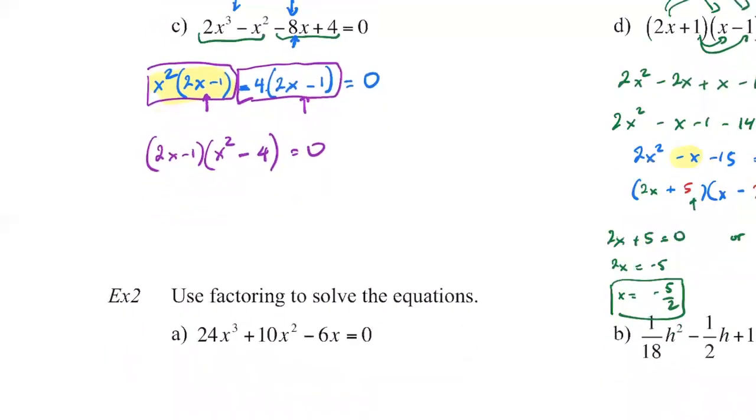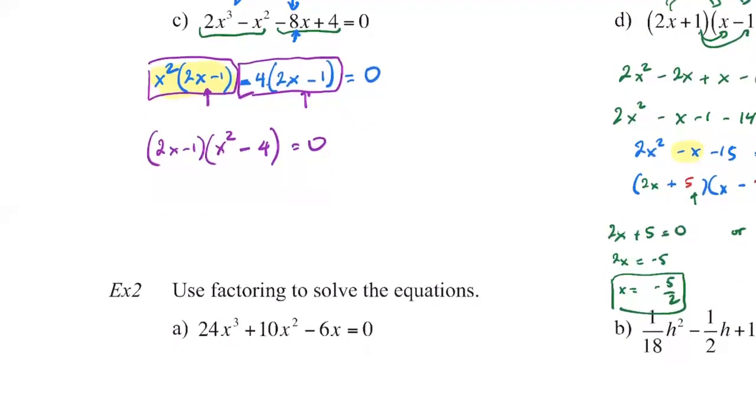a product of 2 factors equals 0, but we also learned how to factor a difference of squares in 5.5, I believe. I just uploaded that video yesterday, but I think many of us already completed that section. So if you recognize a difference of squares, in this case this binomial here, x squared minus 4, before you finally solve for x, you want to factor that binomial even further.